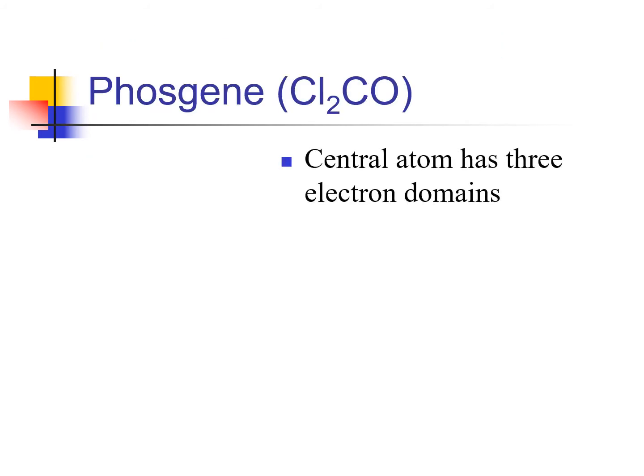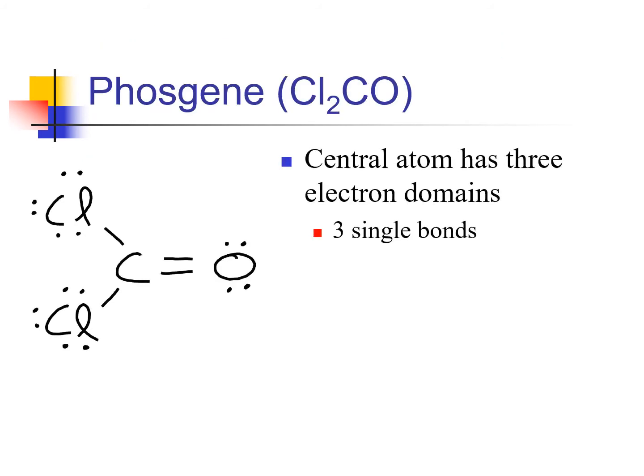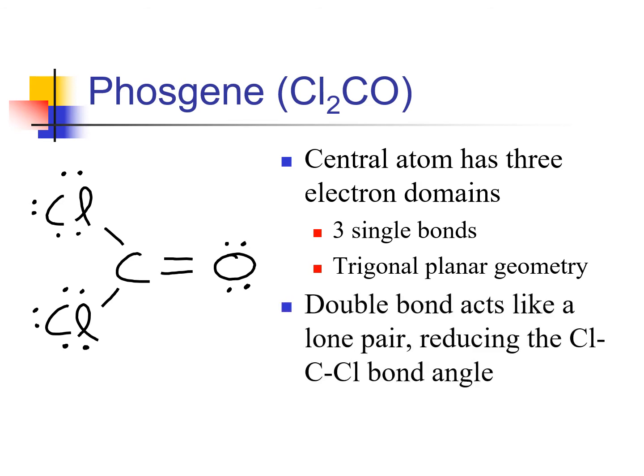For example, phosgene. This is the molecule. Around that carbon, there are 3 electron domains: 2 single bonds and 1 double bond. I don't know why I said 3 single bonds. It's trigonal planar geometry with no lone pairs. Normally in trigonal planar geometry, we would expect 120 to be the bond angle.